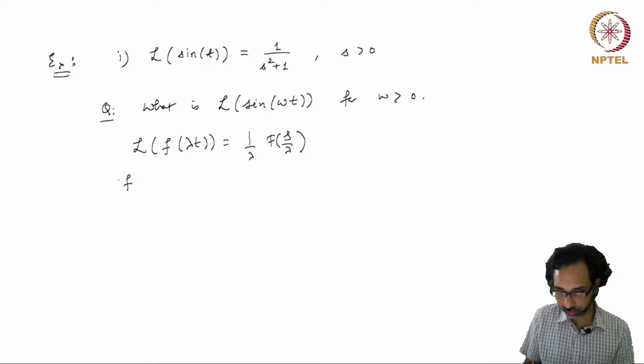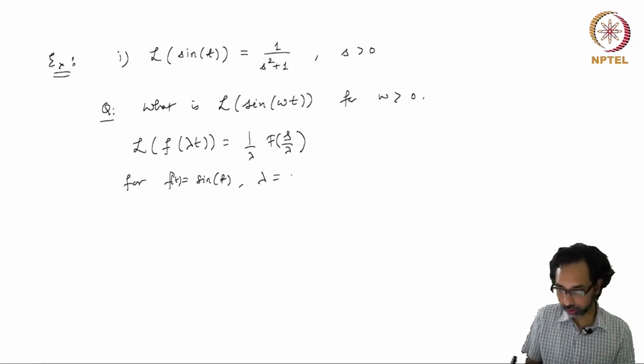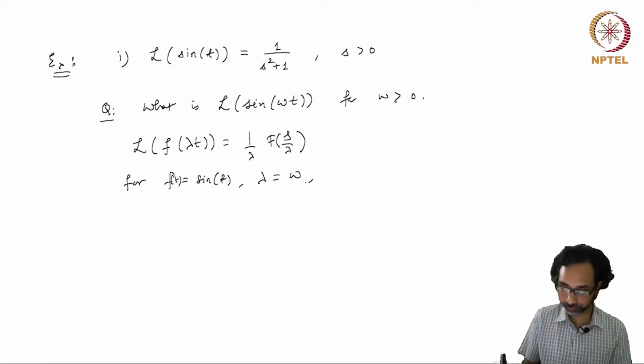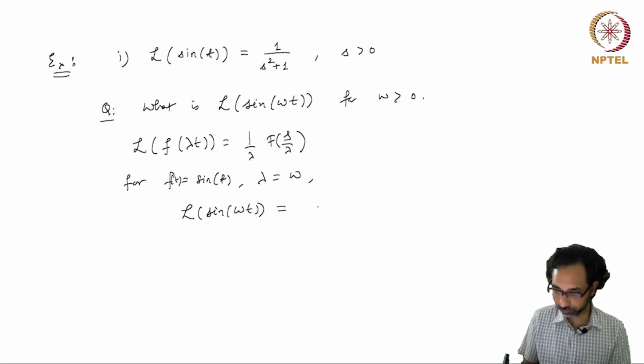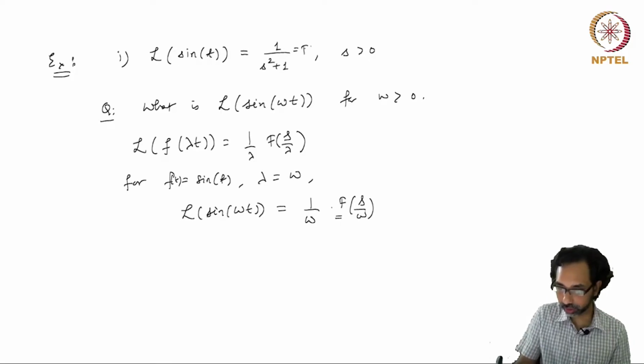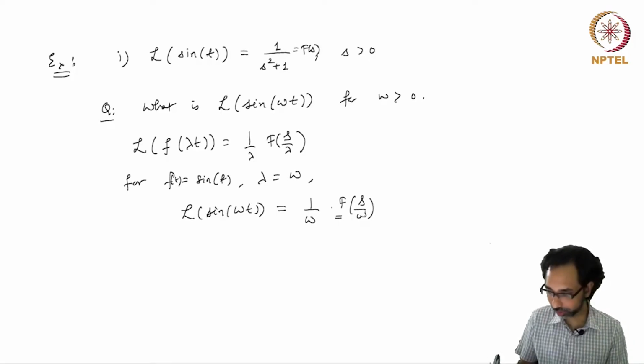So for f t being the sine function and lambda being omega, we get the Laplace transform of sine of omega t is equal to 1 over omega times F of s over omega, but here F is simply the function 1 over s squared plus 1.